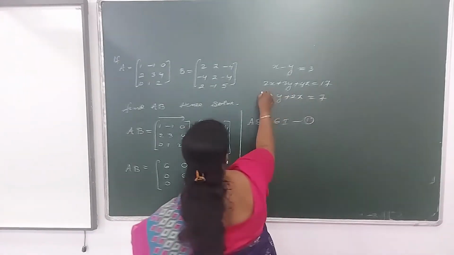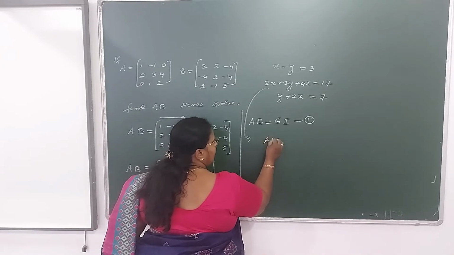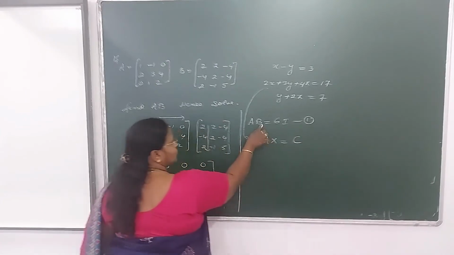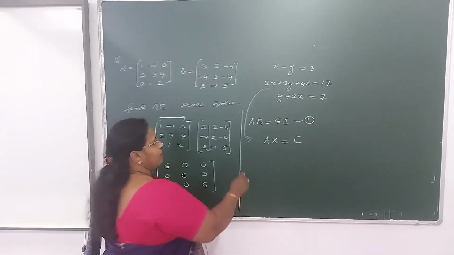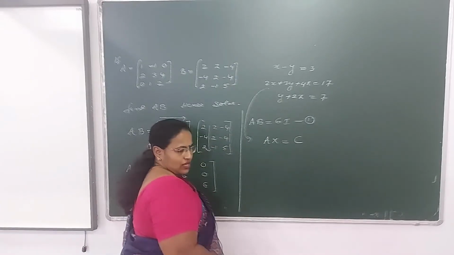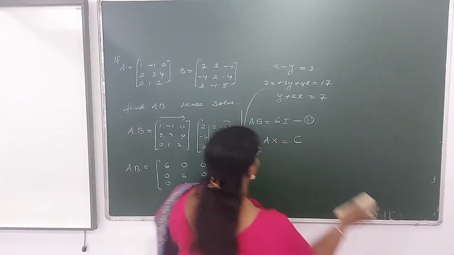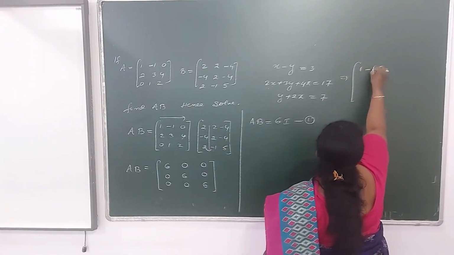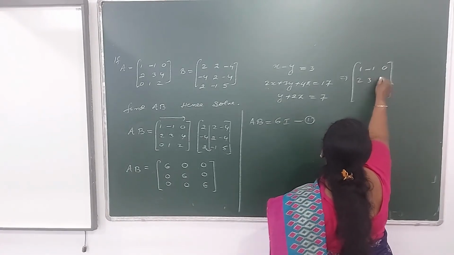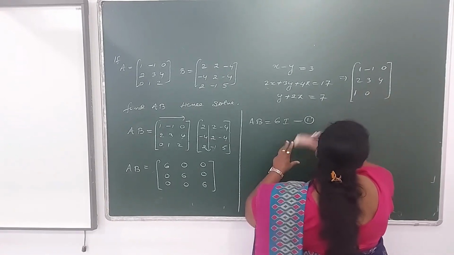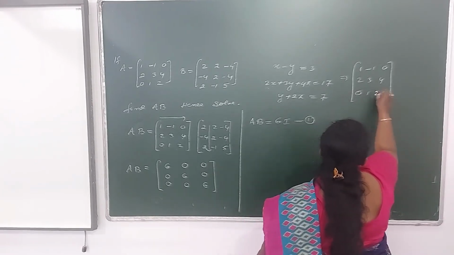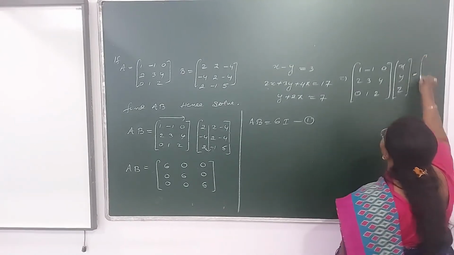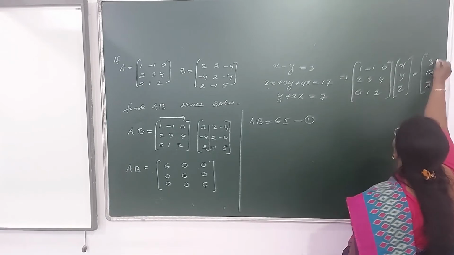That means you can write this equation as AX is equal to, now instead of writing B matrix we will be using C because B is already given over here. So we can write the equation as AX is equal to C. Or the other way, you can write this equation as 1 minus 1 0, 2 3 4, 0 1 2 into the column matrix x y z, and this is equal to 3 17 7.